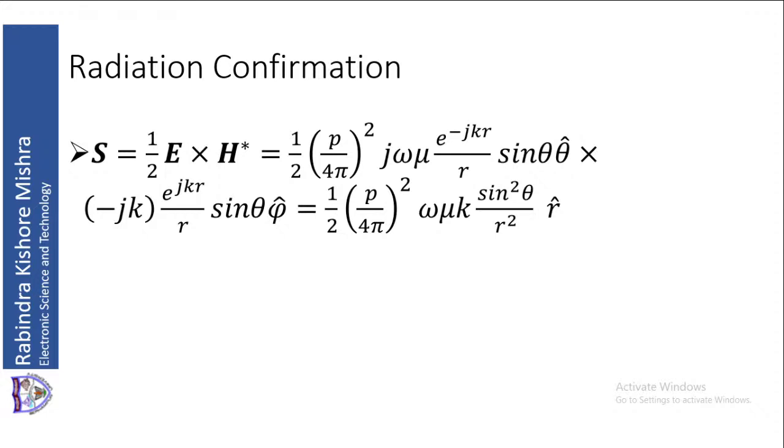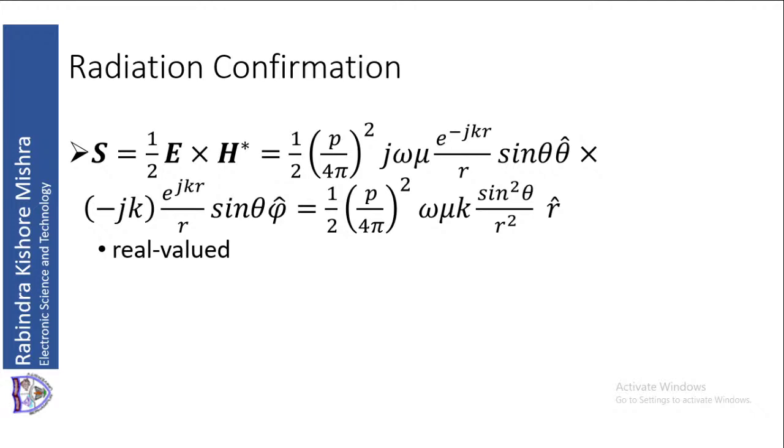Now if you look at the right hand side, it does not contain any j term, which means it is a purely real thing. P is real, 4 pi real, 2 real, omega real, mu real, k real, sin square theta is real, r square is real. Therefore, S is real. So S is real valued.